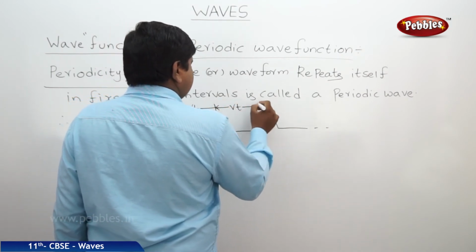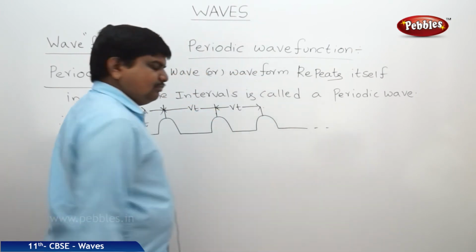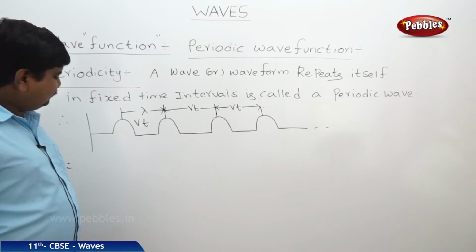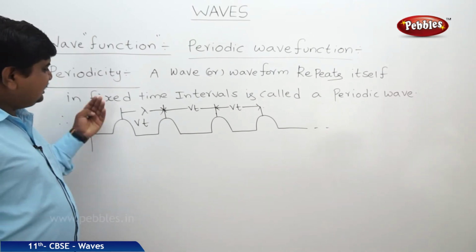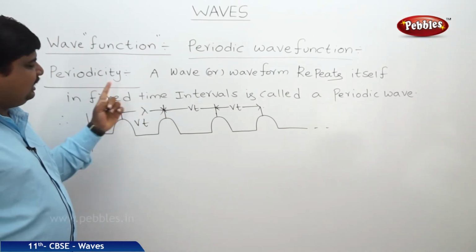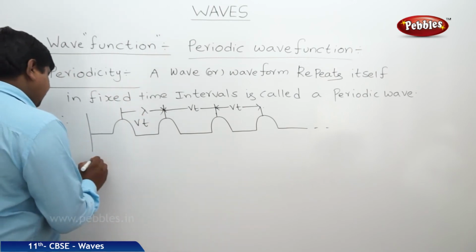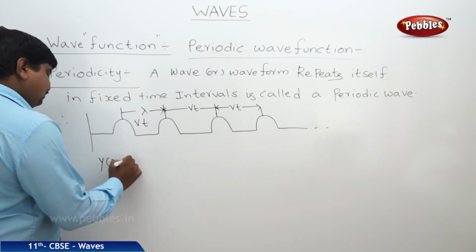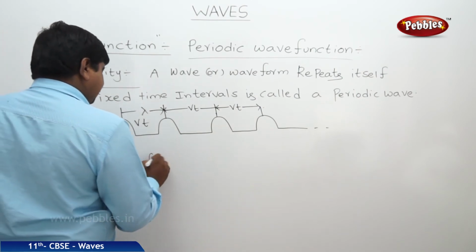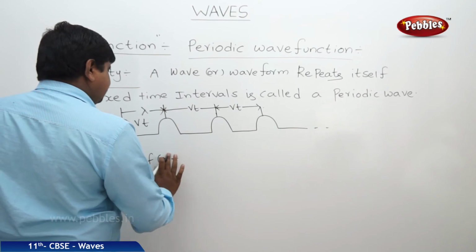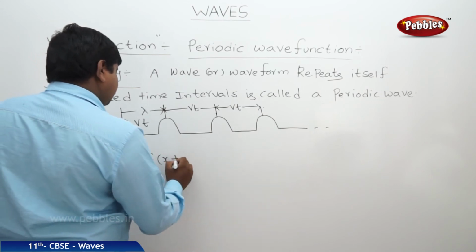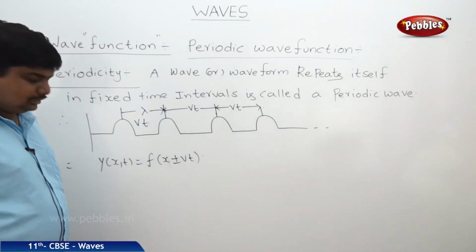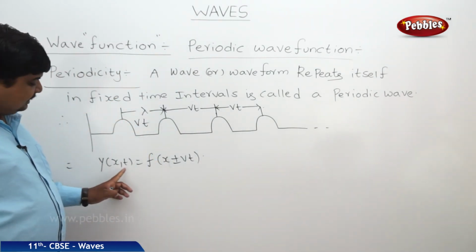So if we write a function which is useful to describe the displacement of the wave, and that is to be a periodic wave, it is written like this: y of x comma t is equal to f of x plus or minus vt. So x is position, t is time.